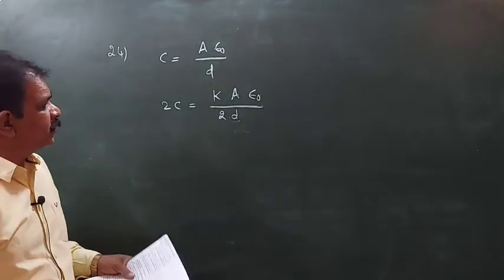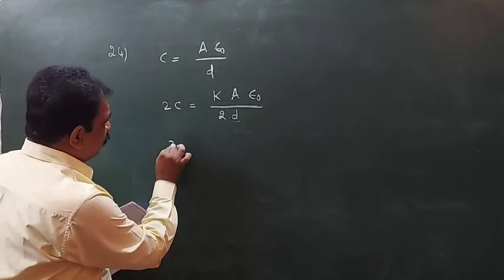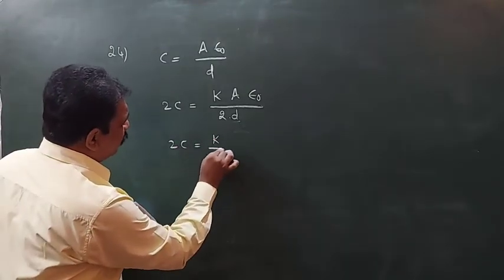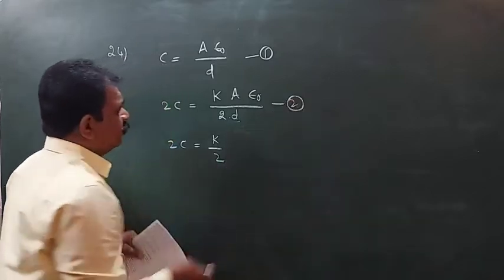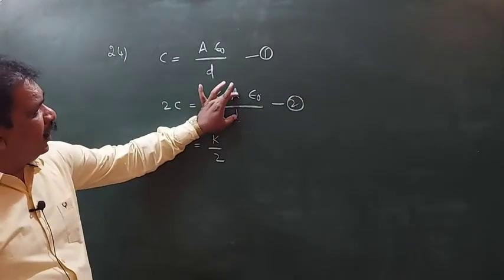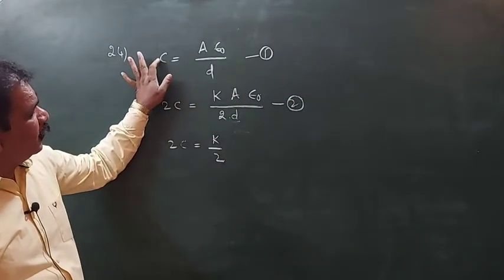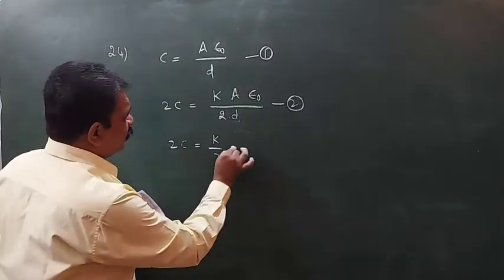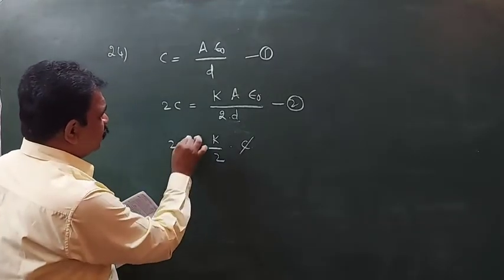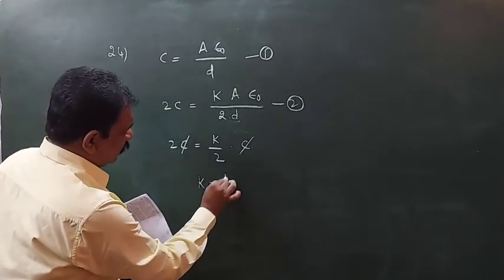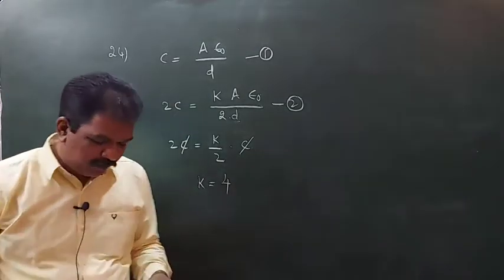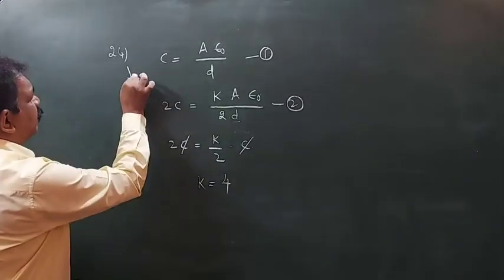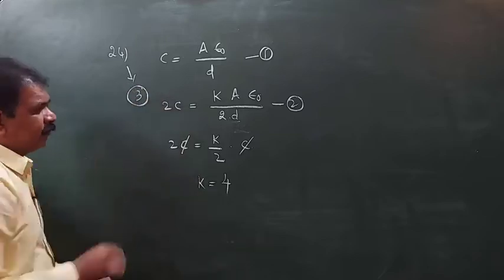Then 2C is equal to K by 2, in the place of A epsilon naught by D we can substitute C. This C will cancel. K value is equal to 4. So 24, it will be the third option.